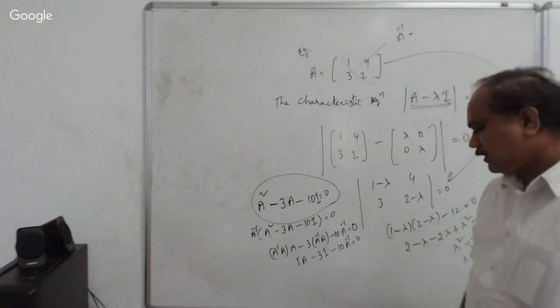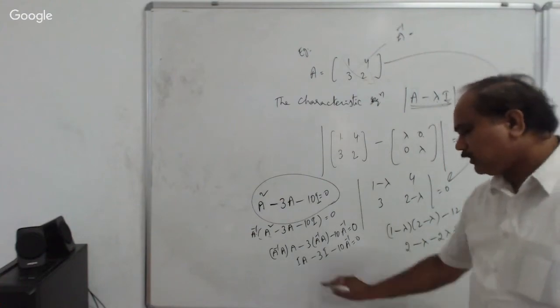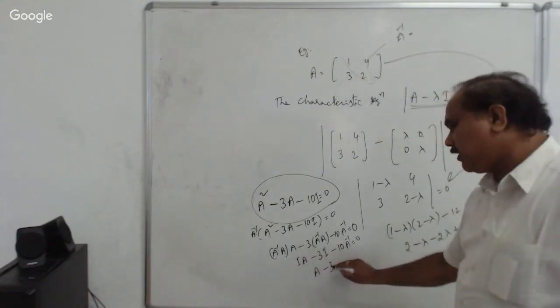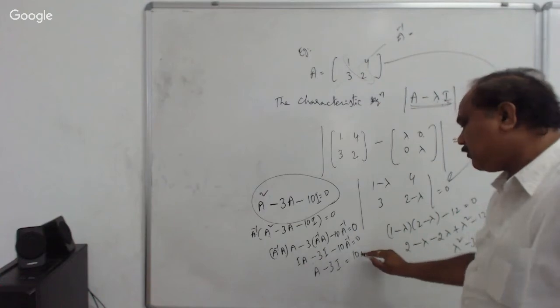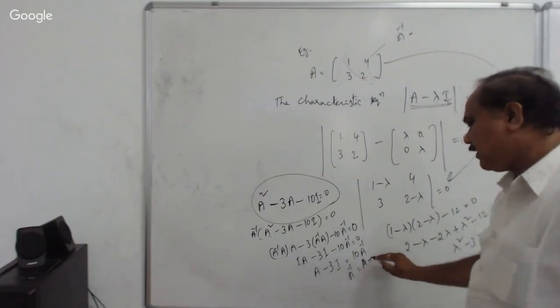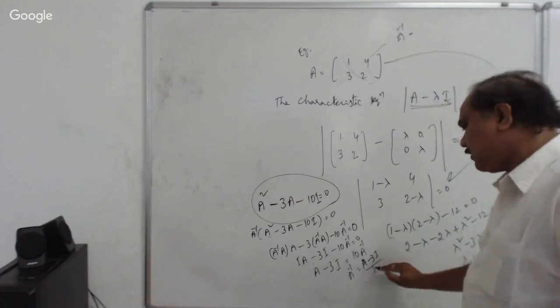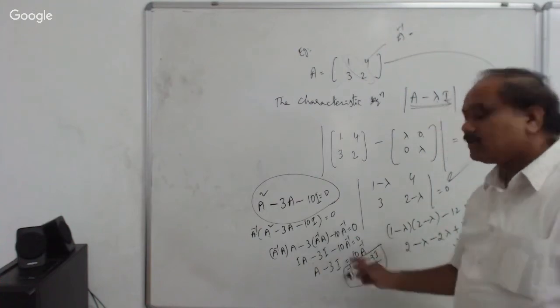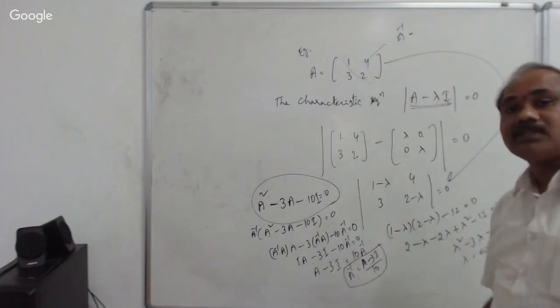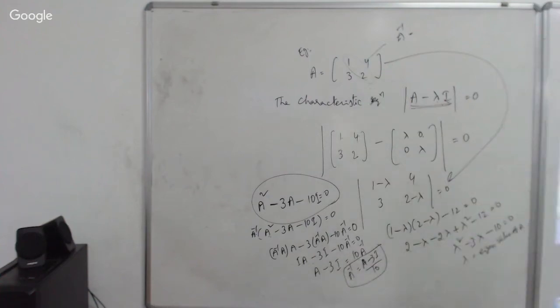Now A minus 3I equal to 10 times A inverse. Now A inverse equals (A minus 3I) by 10. Of course, you can find A inverse by this method also. You can derive it like this.